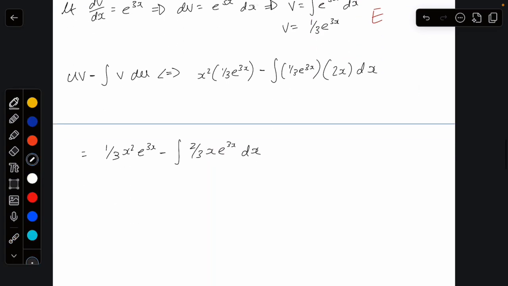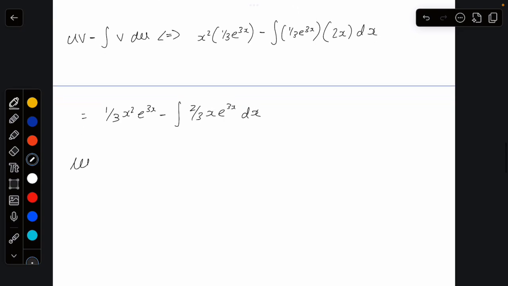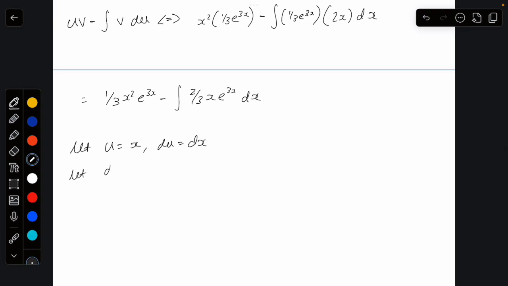So we say let u equal x. Therefore, du is equal to dx. Then let dv by dx equal e to the 3x. So dv is equal to e to the 3x dx, which means that v is the integral of e to the 3x dx.